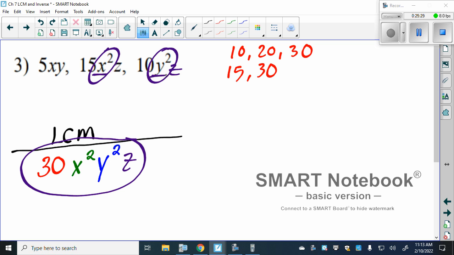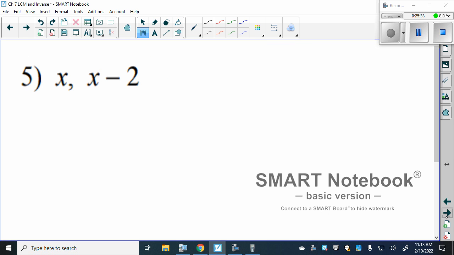Any questions on this here? All right, you ready for this one? What would this one be? So we would need an x minus 2, yes. What else do we need? x.